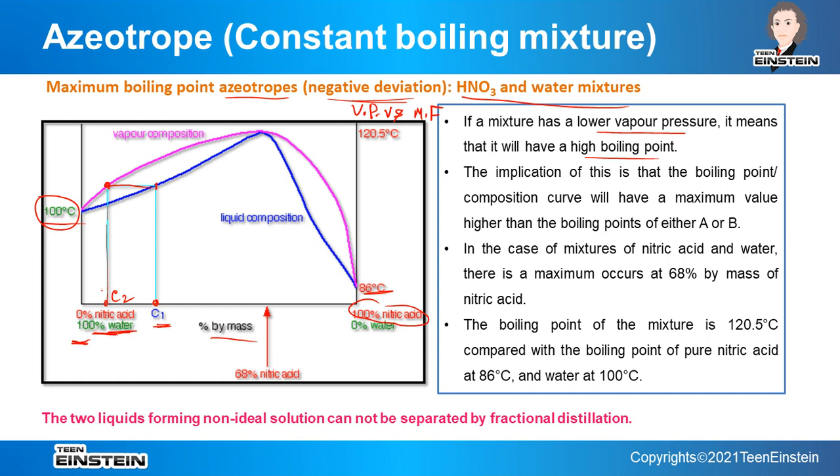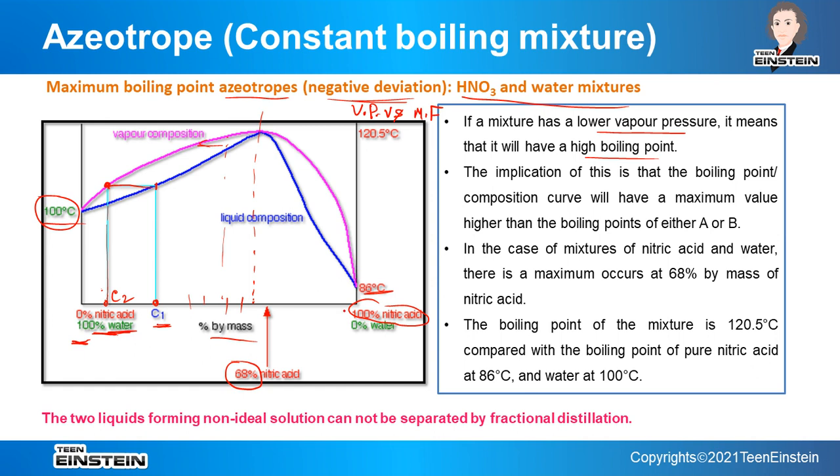Okay, so that means if you are starting before this composition, so this composition is basically where the maximum is appearing in the curve. This is 68% nitric acid. So if you are taking any point here, that is 56% nitric acid or 50% nitric acid, then as you move towards this side, always in the vapor there will be more of water and less of nitric acid.